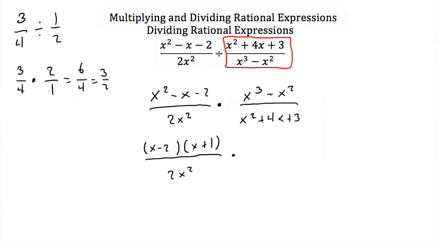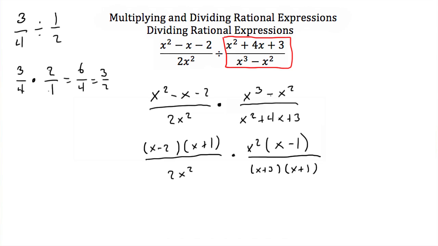My x cubed minus x squared has a greatest common factor of x squared. So we'd have x squared times x minus 1. My denominator of this second rational expression, this x squared plus 4x plus 3, that factors into an x plus 3 and an x plus 1.